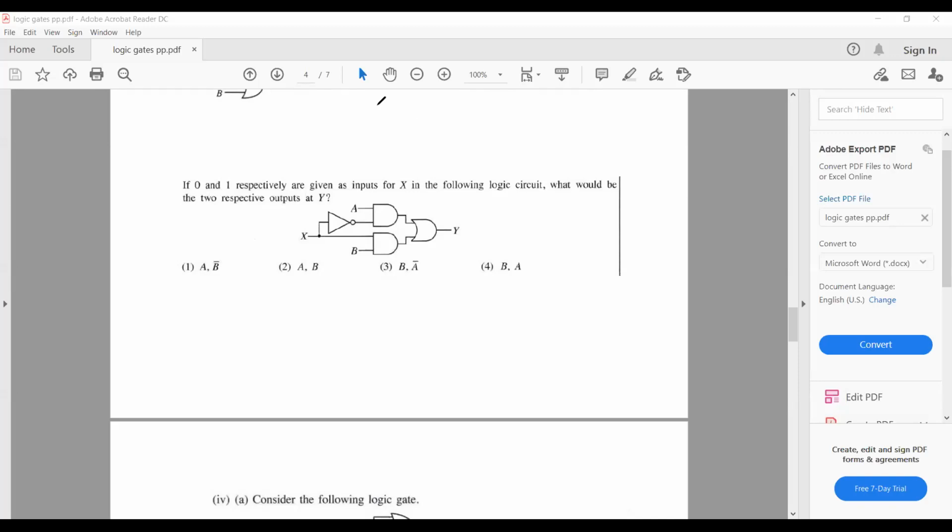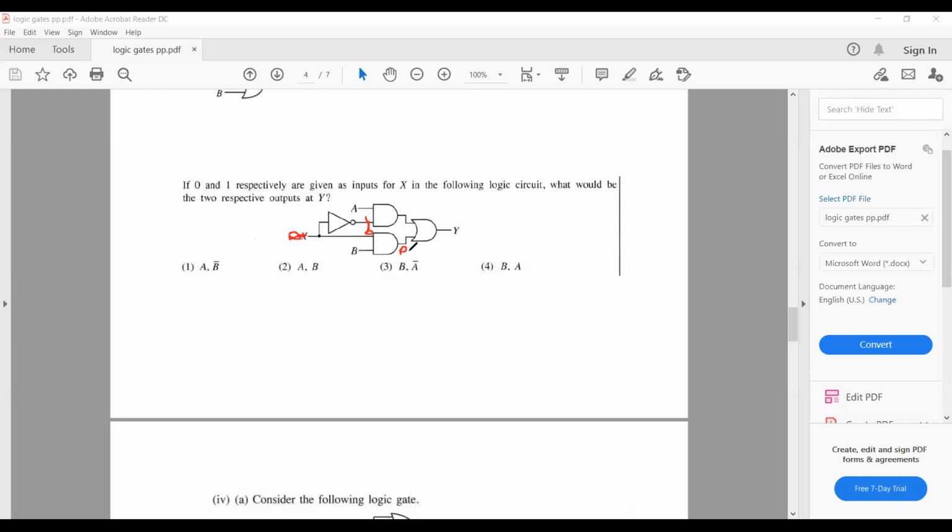Now here, see, if 0 and 1 respectively are given as input for X in the following logic circuit, what would be the respective output? Now I am giving 0 here. When I am giving 0, what will happen? It becomes 1. Here it is 0, right? So if it is an AND gate, whatever it is in the B, your output will be 0, because if you have 1, 0, definitely your output will be 0.